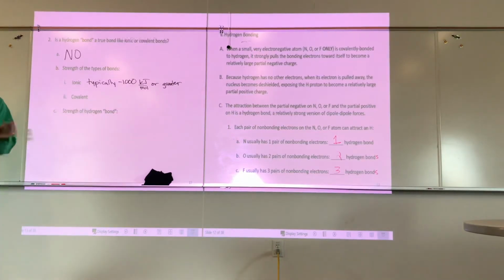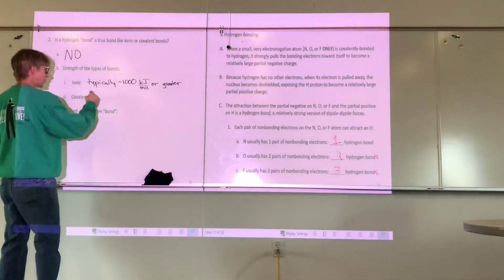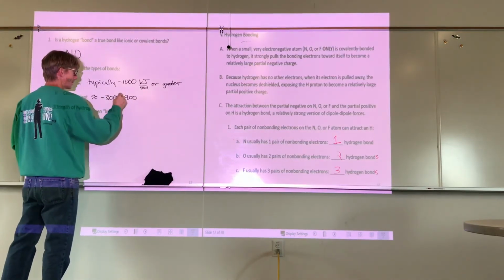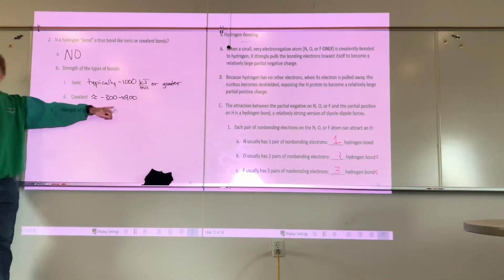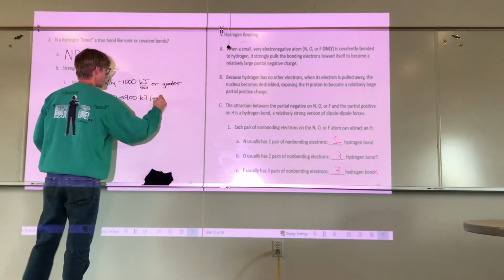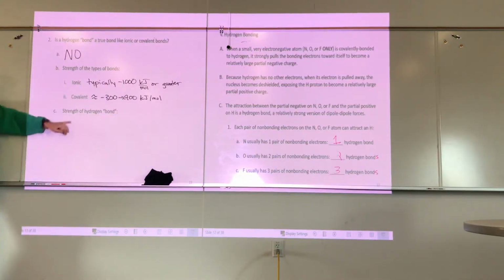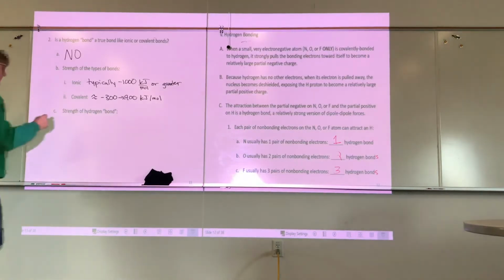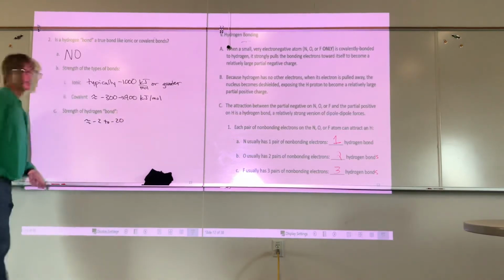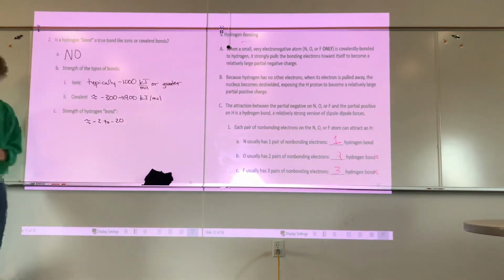Covalent bonds are typified by bond dissociation energies, which most of them are minus 300 to minus 900 kilojoules per mole. Strength of hydrogen bond: minus 2 to 20 kilojoules per mole.